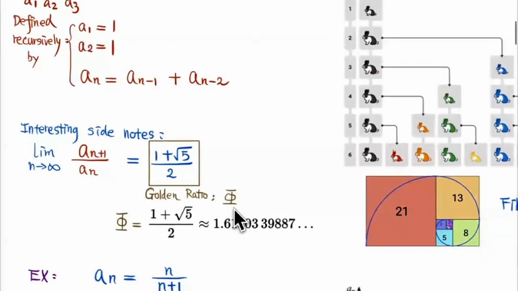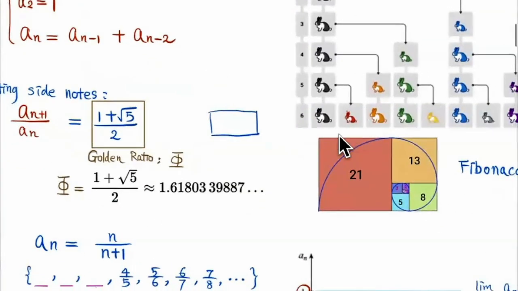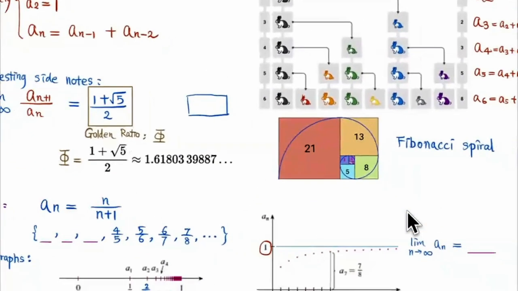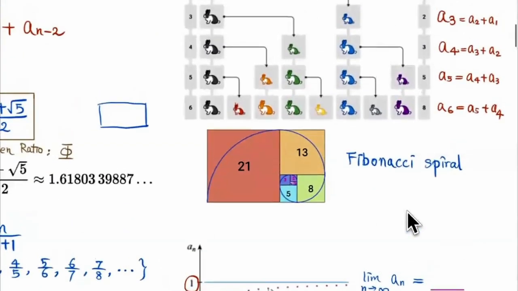If you have a rectangle, then in art, if the length divided by the width is equal to this golden ratio, they say that this is the most appealing rectangle to your eye. The golden ratio in art. So for example, like this one.